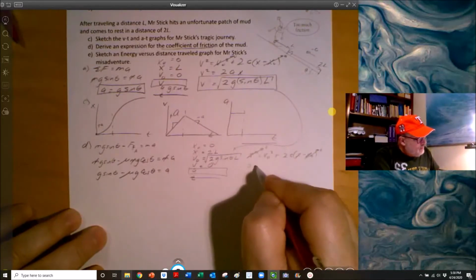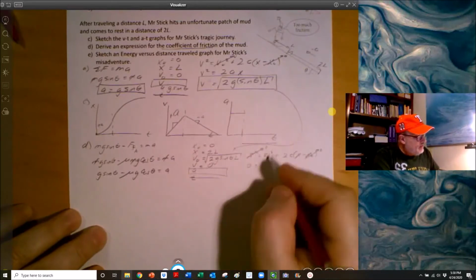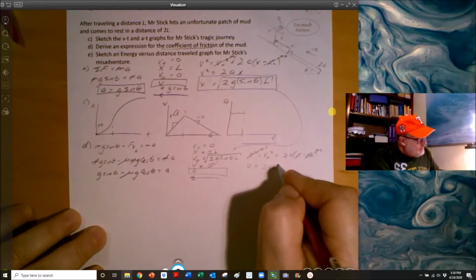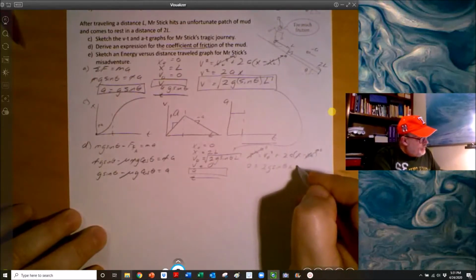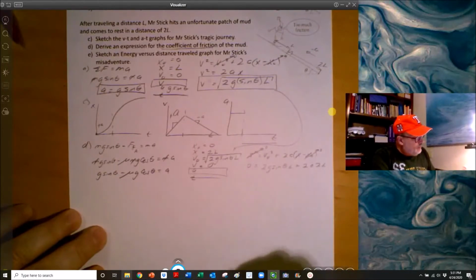So we have 0 equals, hey, this gets squared, so the square root goes away. That's nice. So we got 2g sine theta L plus 2a, and this is 2L is how far he travels.